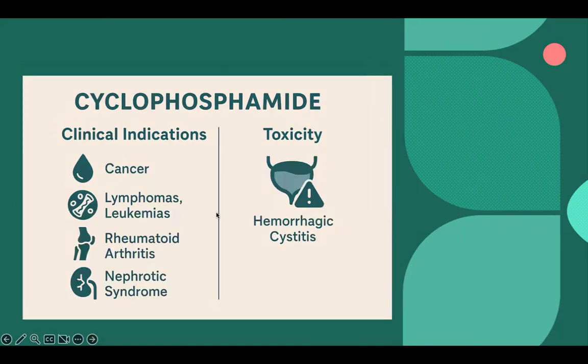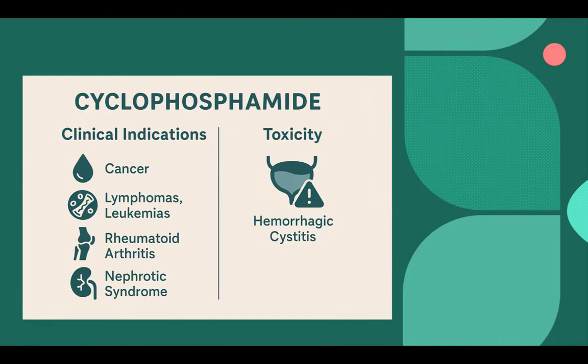And cyclophosphamide is also indicated for treatment of various types of cancer, lymphomas, leukemias, rheumatoid arthritis, and nephrotic syndrome. But toxicity reported is hemorrhagic cystitis.